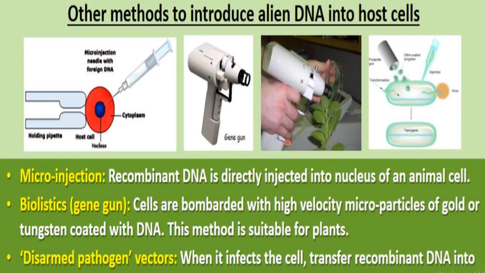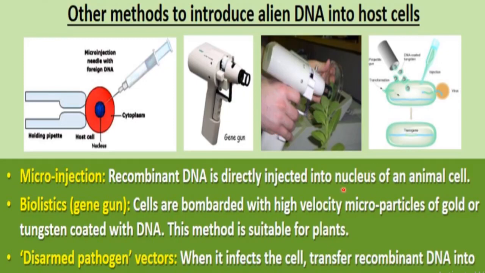Here microparticles, means small particles of gold or tungsten which are coated with DNA are bombarded on plant cells, because this method is used usually for plant cells. So here DNA coated above the gold or tungsten microparticles is bombarded with the help of this gun.